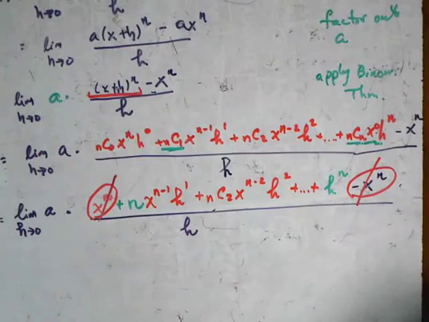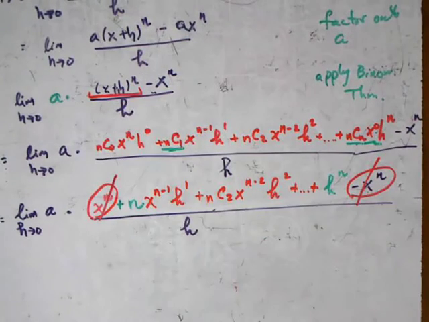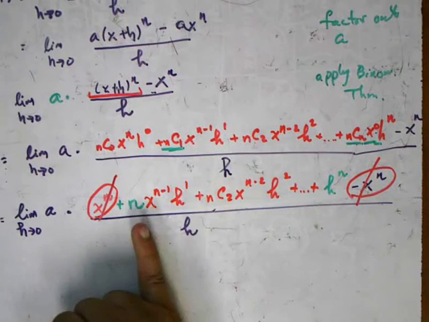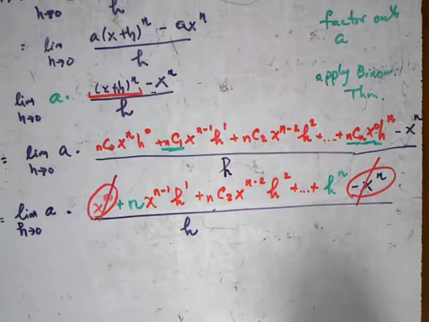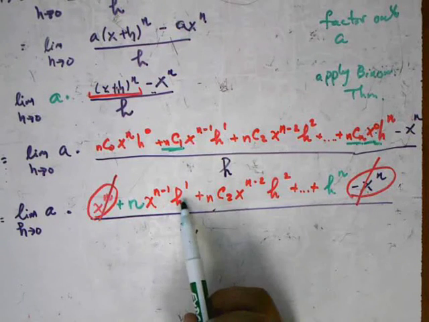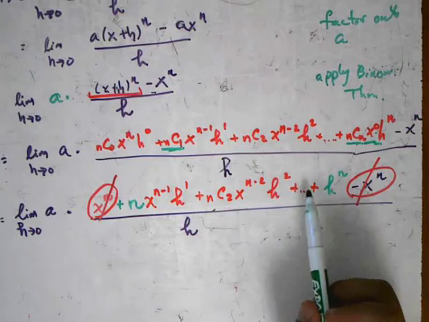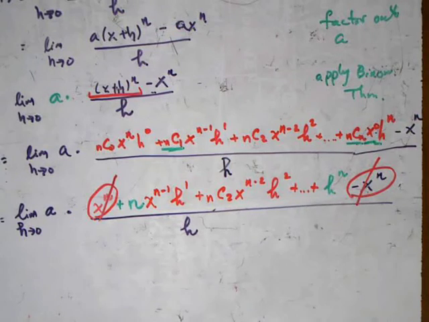But here, even though we don't know how big this n is, even though we don't know how long this goes for, one thing we're absolutely certain of is that we started out with h to the 1st, h to the 2nd, h to the 3rd, all the way to h to the n.